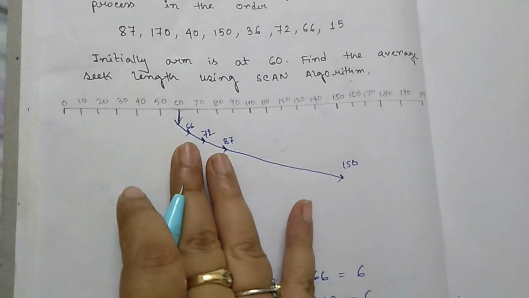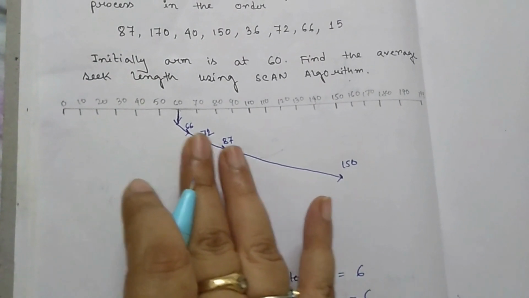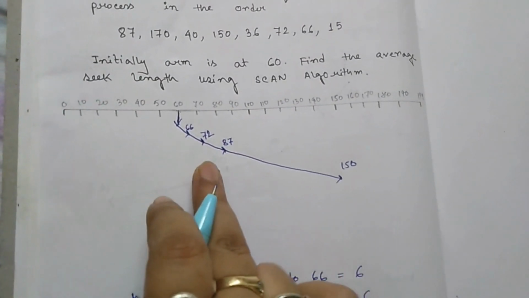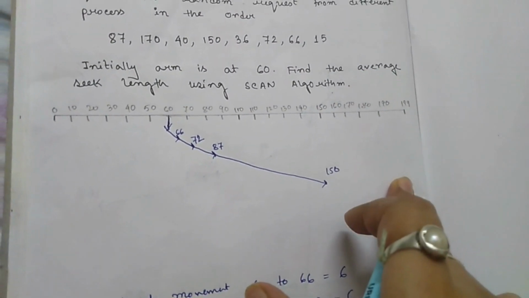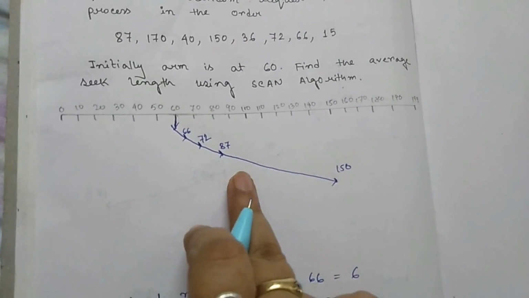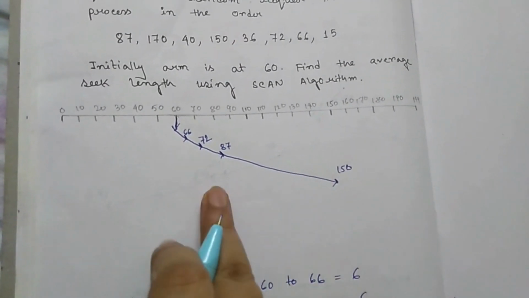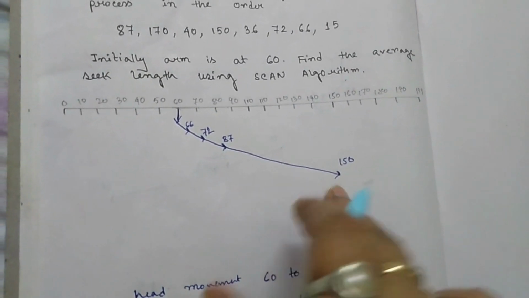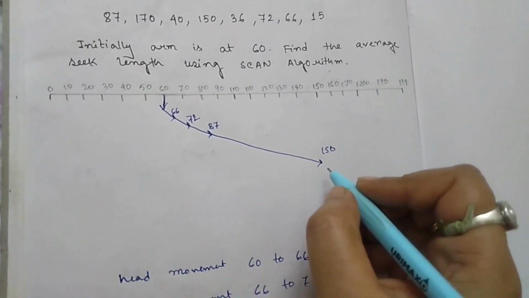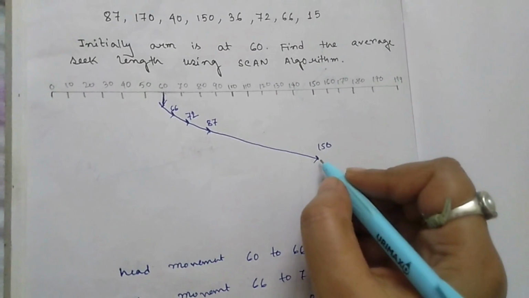Next, when the movement starts in one direction, it moves to the last value position of that direction. That's why we have to choose 150, not 40. So the next nearest value of 150 is 170.